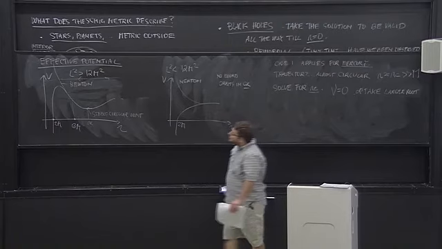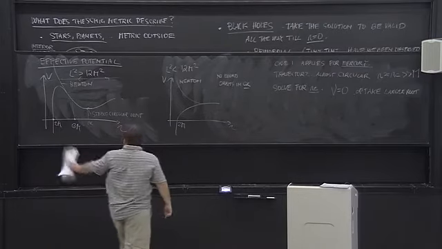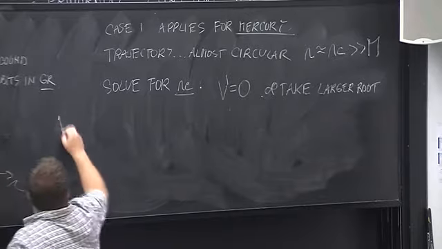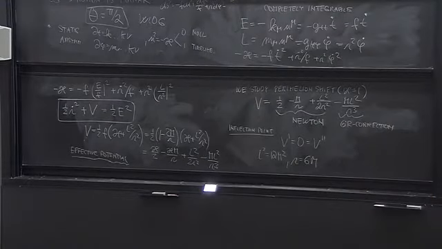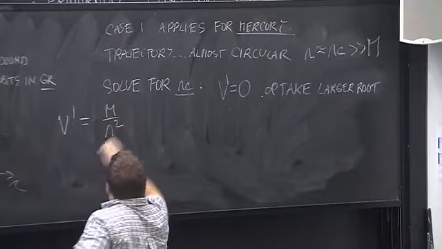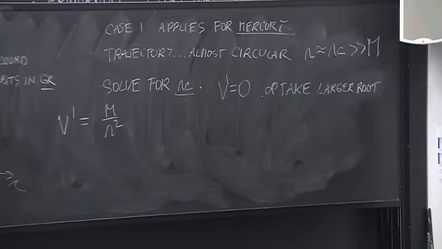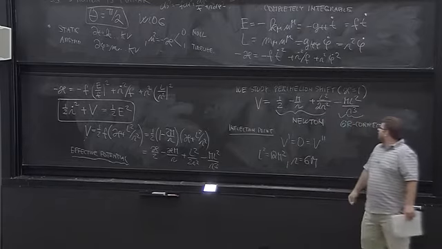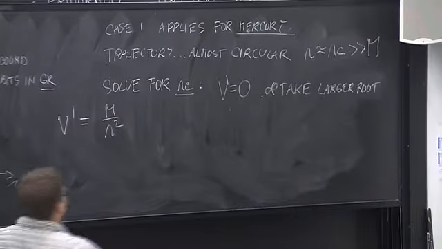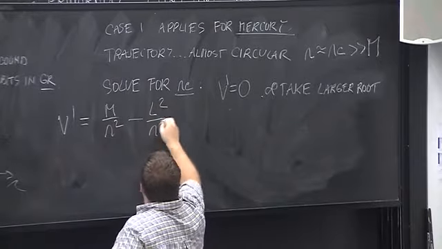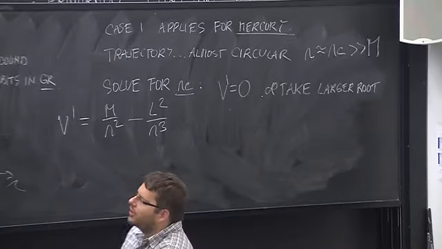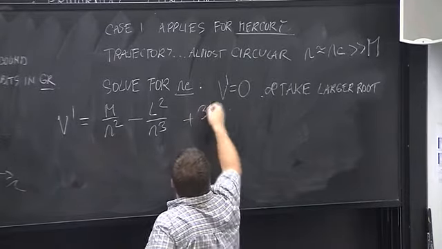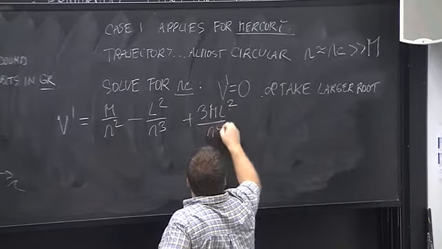All right, one should never differentiate in public, but let's see. So V prime is 1/2 at 0, plus m over r squared, minus 2L squared over r cubed, plus 3mL squared over r to the 4.